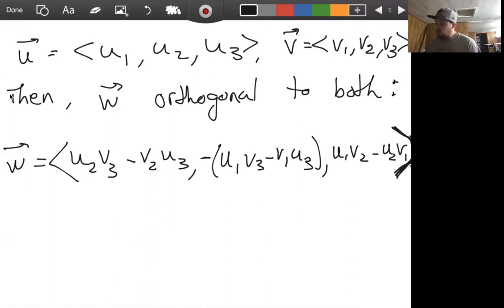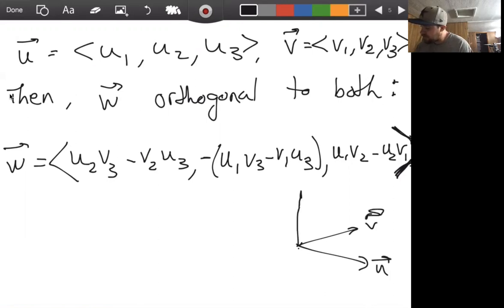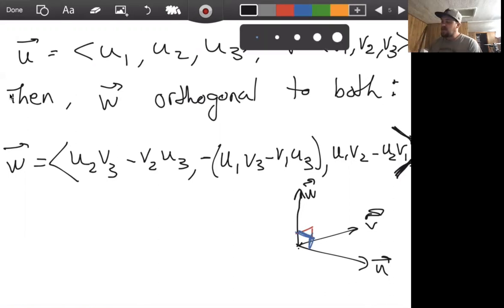If we have a vector u and a vector v, and we want something orthogonal to both of them, this is the formula. So here's a right angle and here's a right angle there, right? And so this is the formula that gets us a vector that's perpendicular to u and to v. Now, this is what we call the cross product.